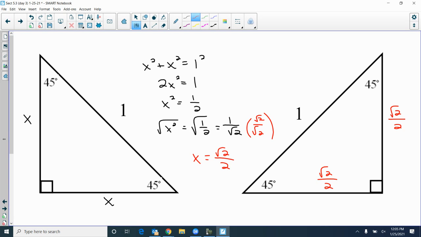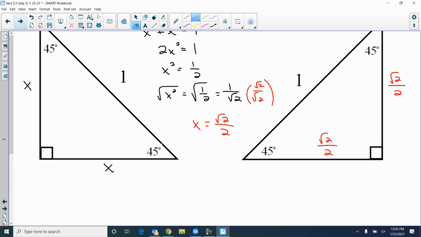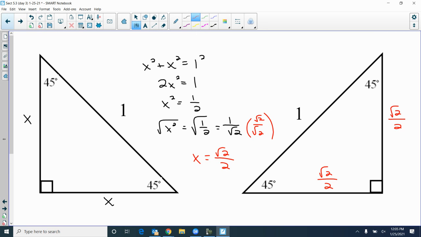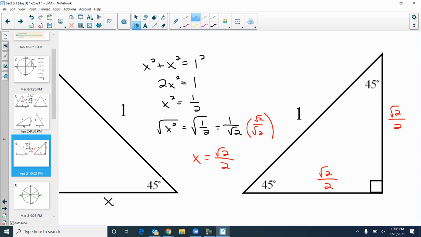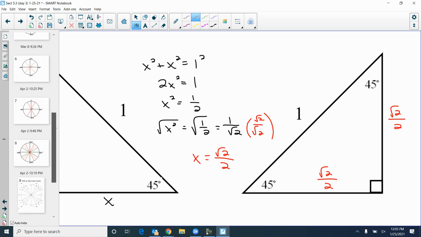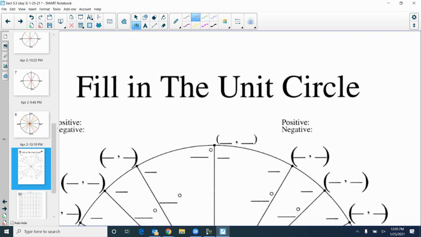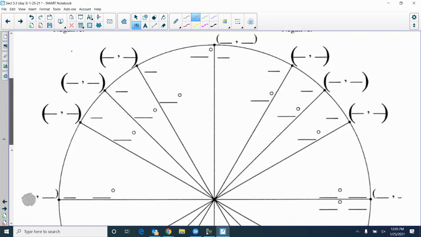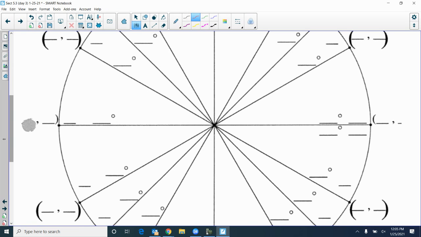You have a hypotenuse of 1, and each leg is radical 2 over 2. Now, the angles that we are going to look at for the unit circle are multiples of 30 degrees, multiples of 45 degrees, and multiples of 60 degrees.